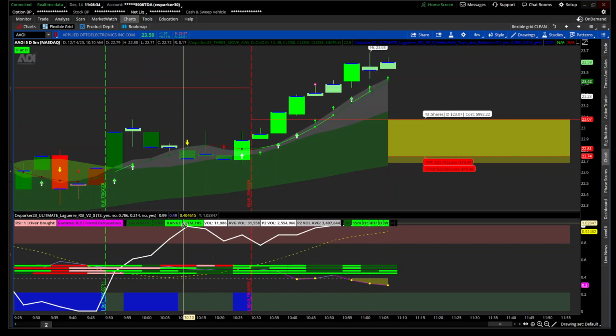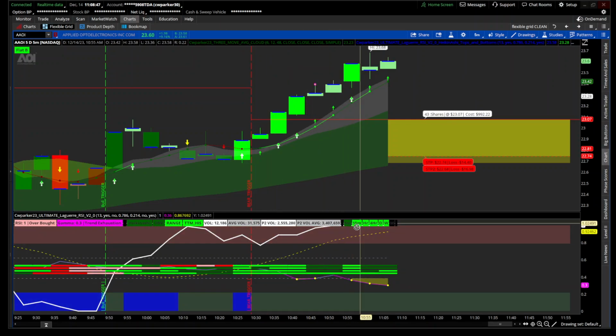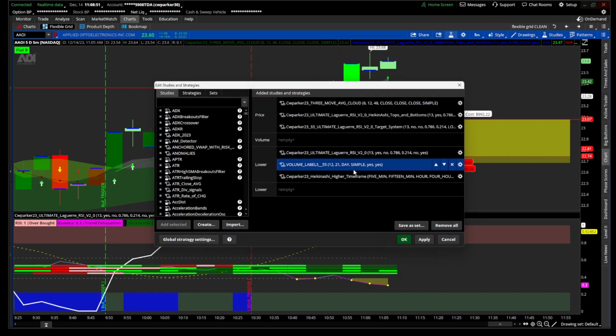But you get this volume indicator as well. So you get the volume average, period 2. You'll be able to select what period you want it. Period 2 and period 2 average. And then this is the Heikin-Ashi over the higher time frames.